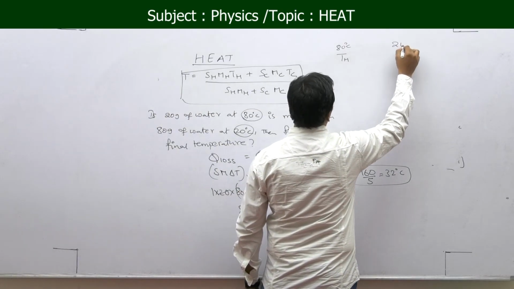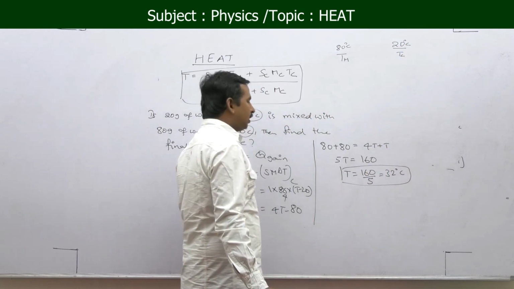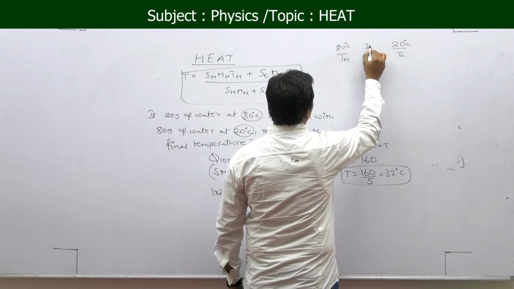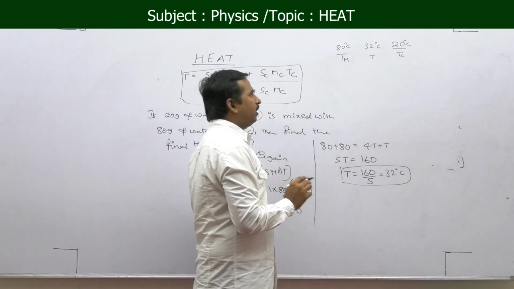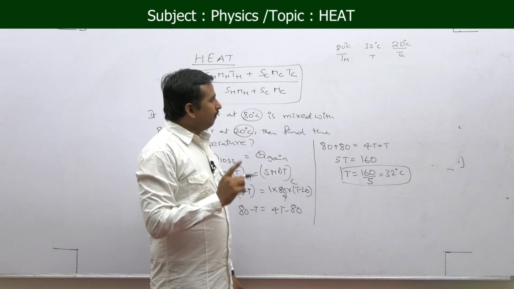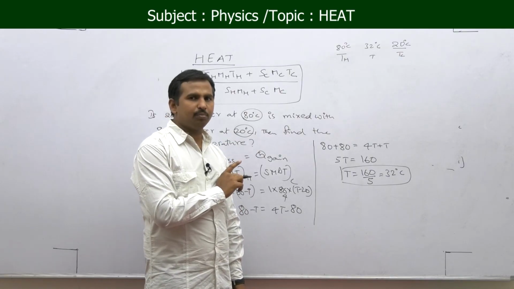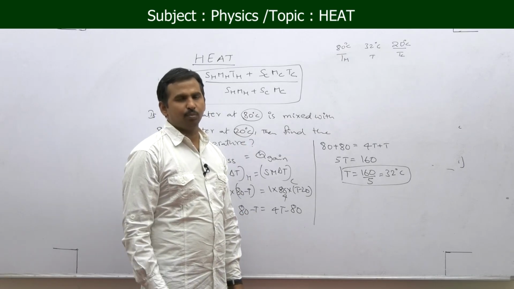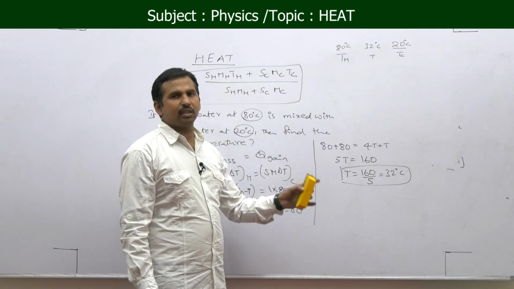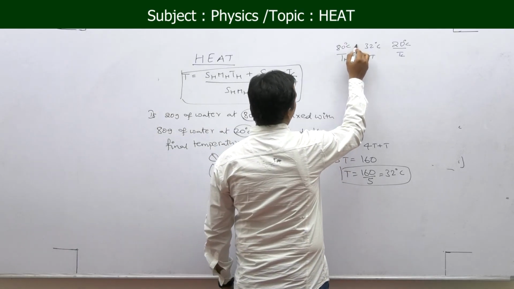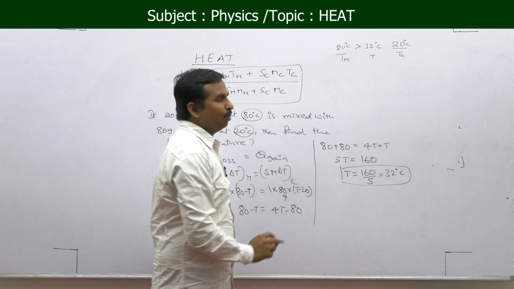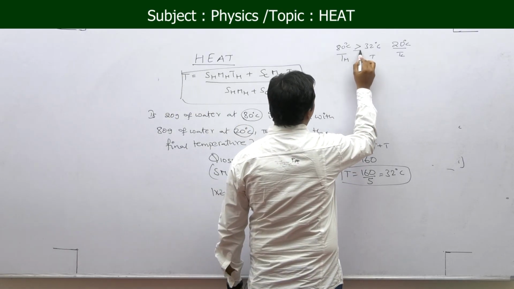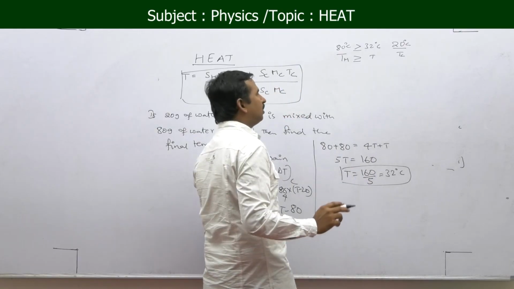Our final temperature, 32 degrees Celsius, is in between the hot body and cold body temperatures. This means that whenever thermal equilibrium is reached between a hot body and a cold body, the final temperature is, in most cases, less than the hot body temperature. The hot body always has to be hotter, and in very special cases they may be equal, so TH is greater than or equal to T.